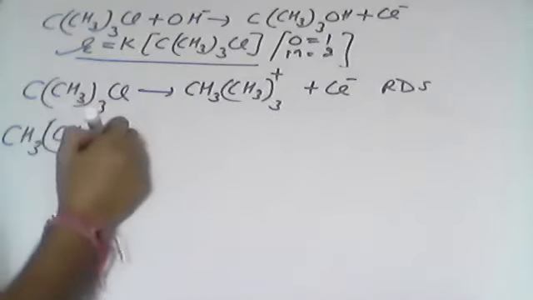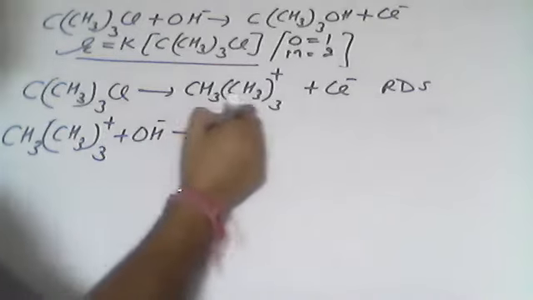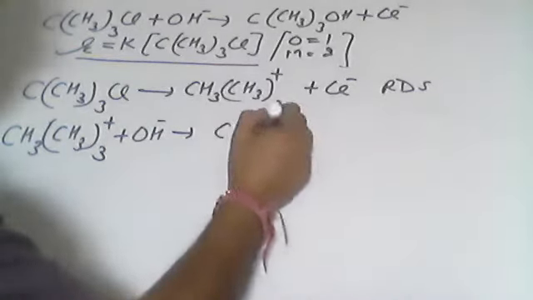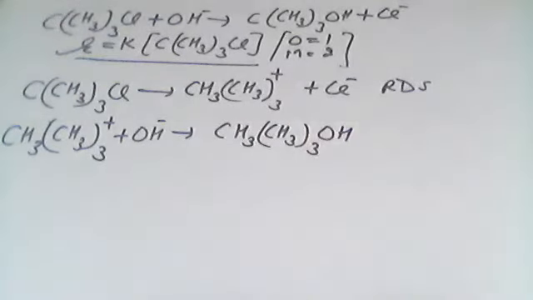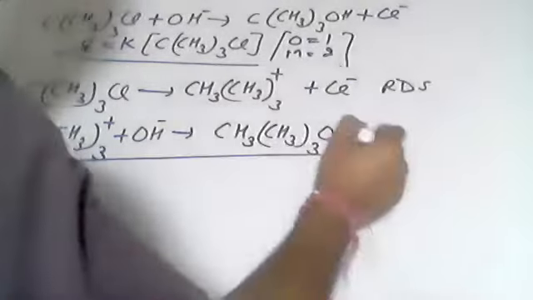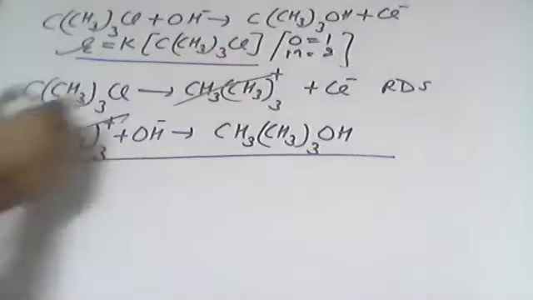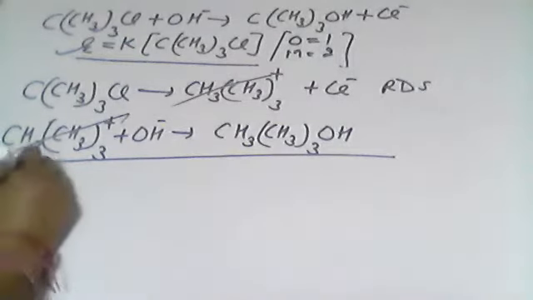So (CH3)3 positive plus OH negative gives (CH3)3OH. Bond breaking and bond formation take place. The Cl negative and the tertiary carbocation will cancel out.